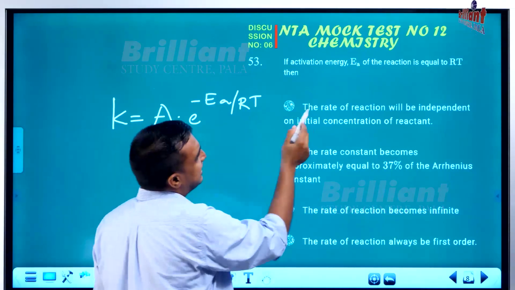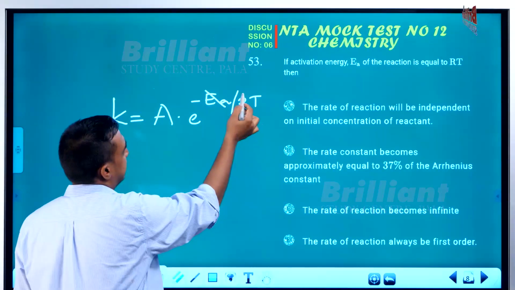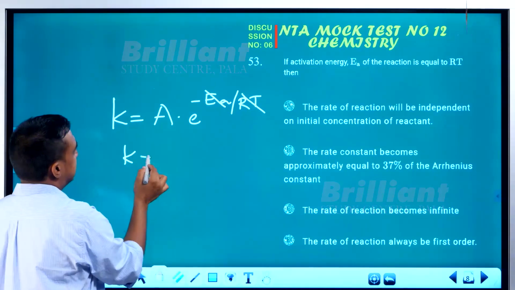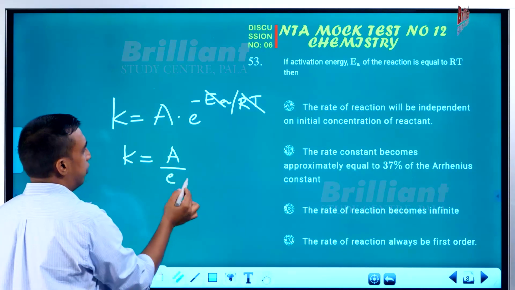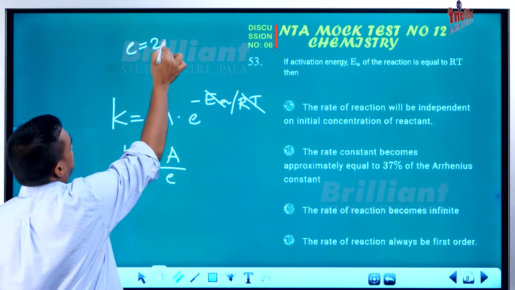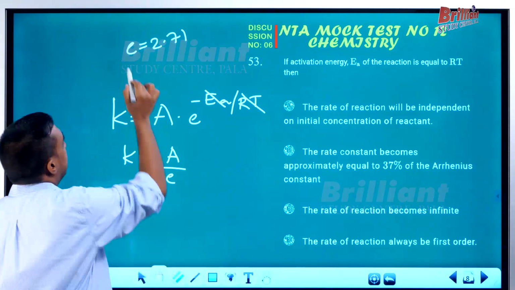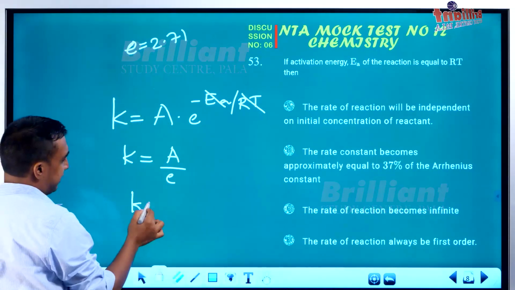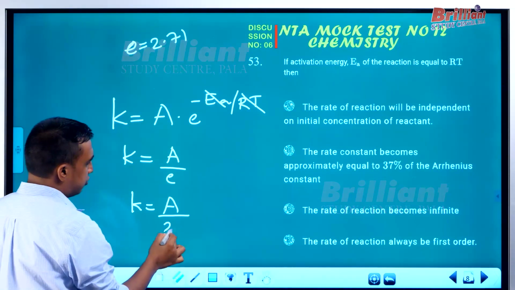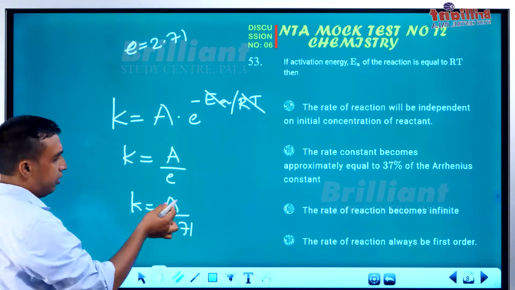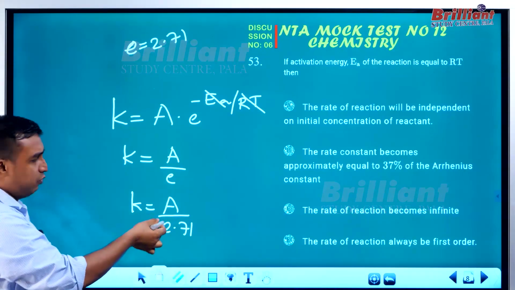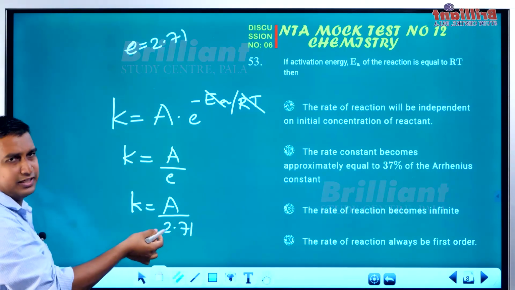They have told that EA and RT are equal, so they cancel out. Then I can write K is equal to A by E. We should know that E has an approximate value of 2.71. So K is equal to A by 2.71. If you divide this, 1 by 2.71 will come to almost 0.37.